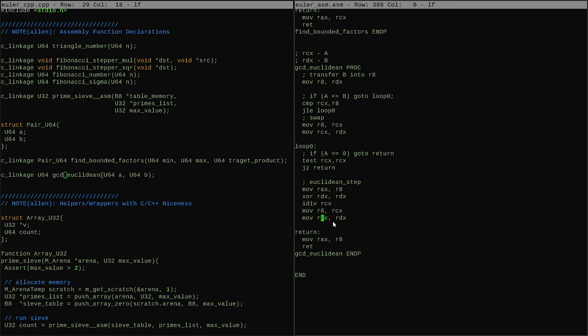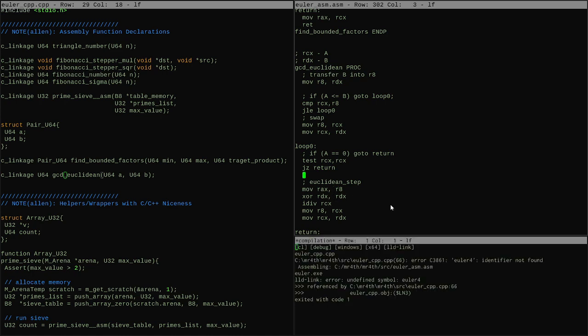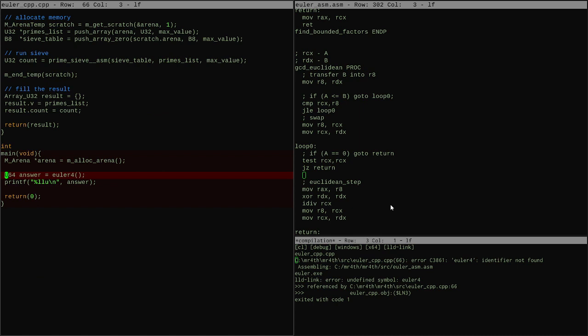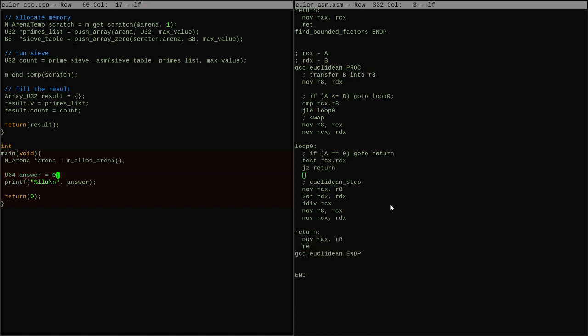So then we pull that out of RDX and put it into RCX, where we are keeping the A value. Oh, yep, that's not a thing anymore. So we should now be able to get a GCD via the Euclidean algorithm. Let's try and get a GCD between 10 and 15.